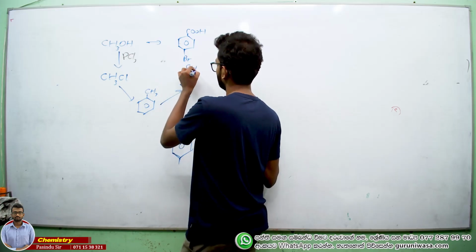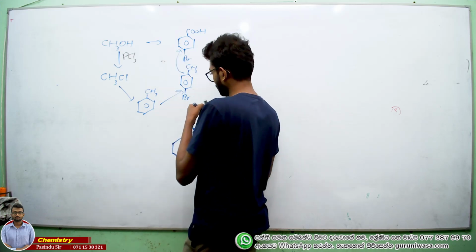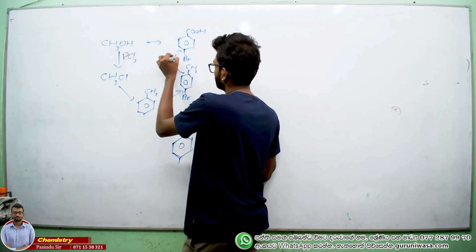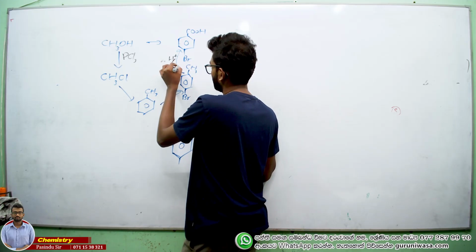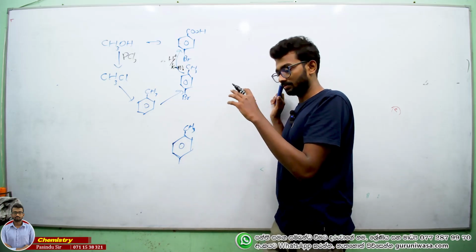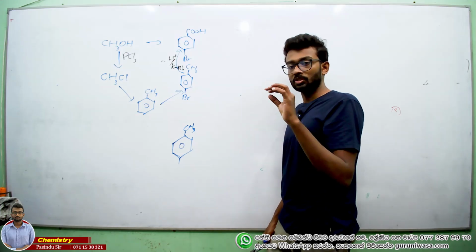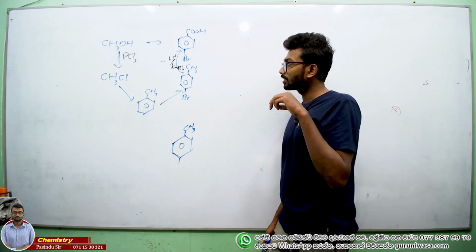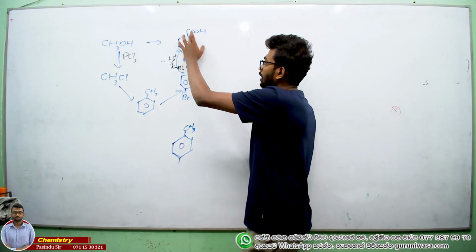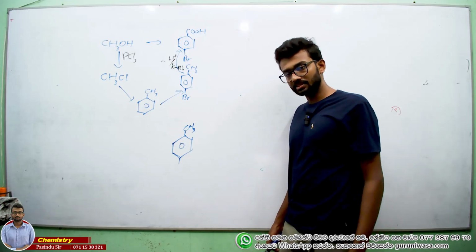CH3. And then here, what do I have to do? I have to oxidize with H plus KMnO4. This oxidation is a very important thing, because you can remove any carbon chain up to one carbon, and it's carboxylic acid, right?